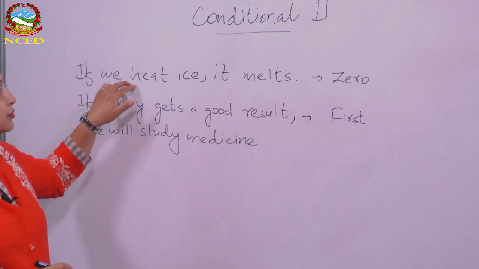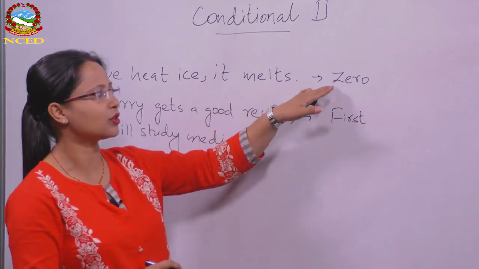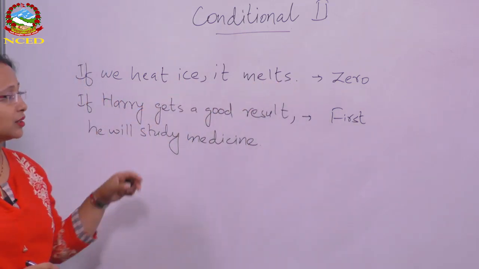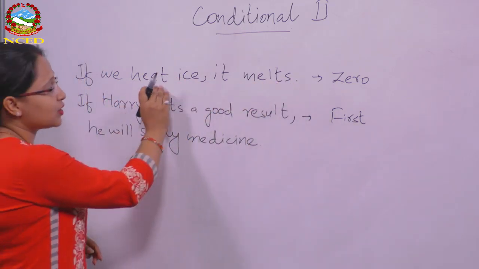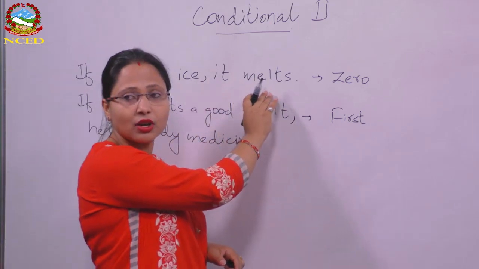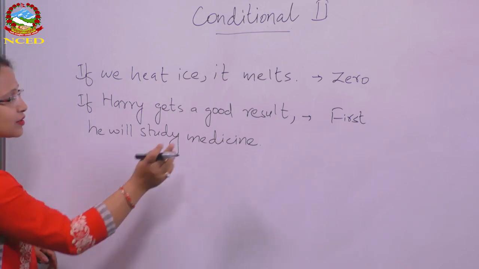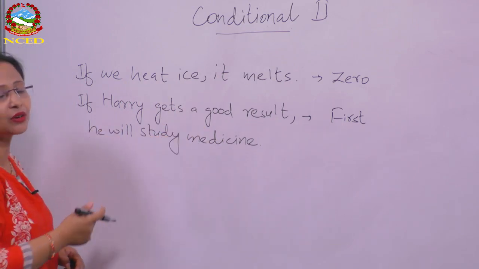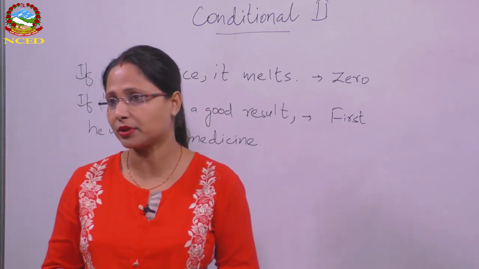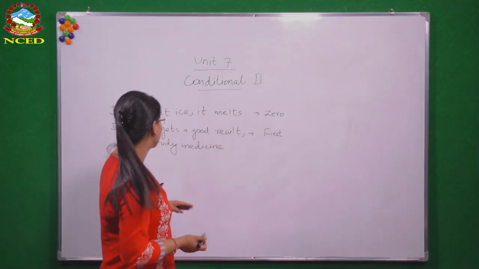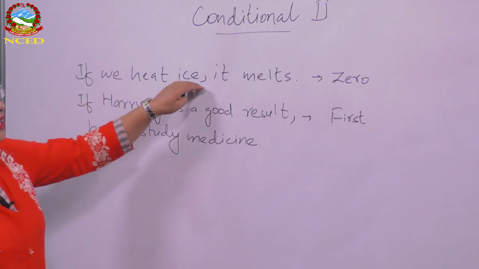Do you also remember their use or meaning? What sort of sentence is called a zero conditional? When do we use it? Yes, it talks about a general truth, something which is always true. And type 1 talks about a real or simple possibility. If we heat ice, it melts.